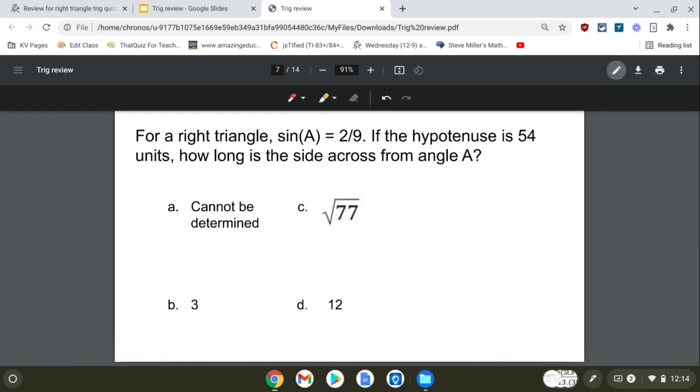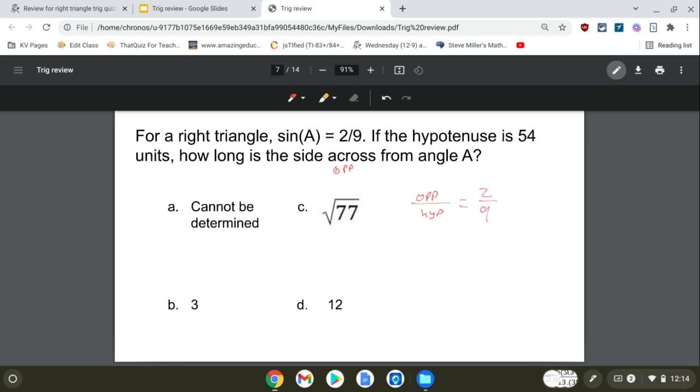For a right triangle, sine is equal to 2/9. And then it gives us the hypotenuse is 54 units. What is the side opposite from angle A? Opposite over hypotenuse, that's your definition for sine.